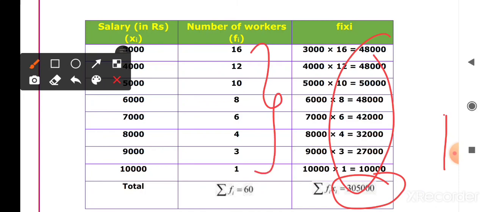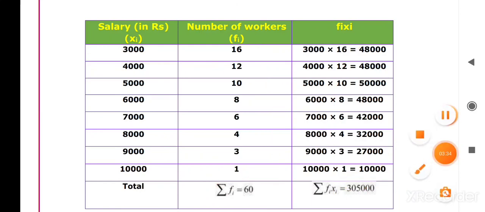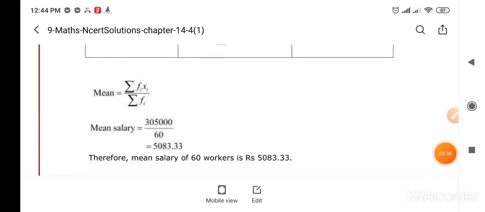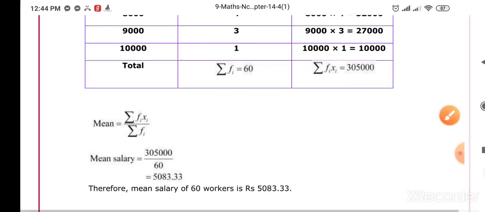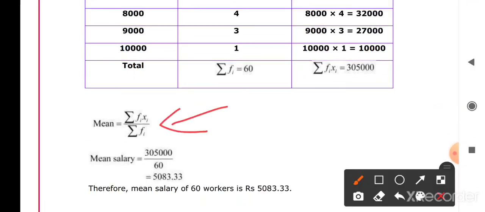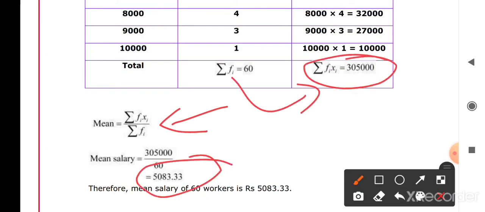Similarly we will add all the frequencies, which is known as sigma f. Sigma is the notation for addition. Then we will find the mean. The mean is sigma fixi divided by sigma fi, and we will divide this number by this and get the mean of the data.